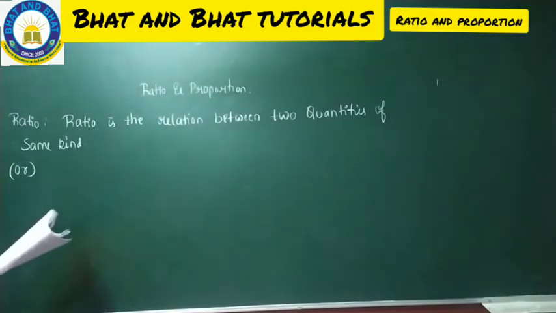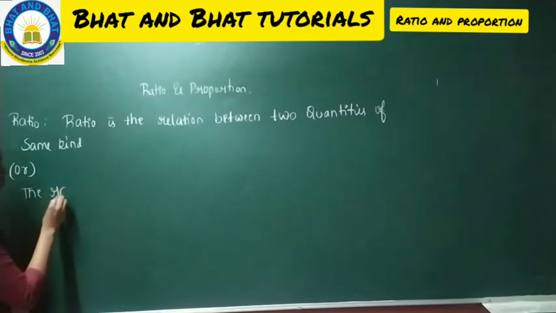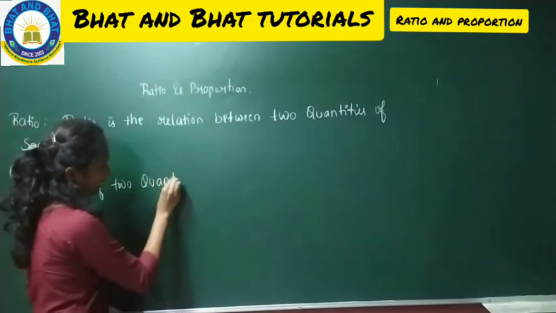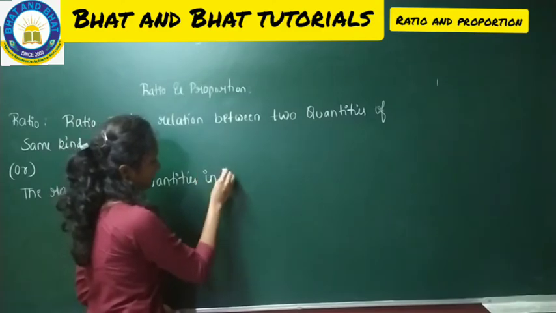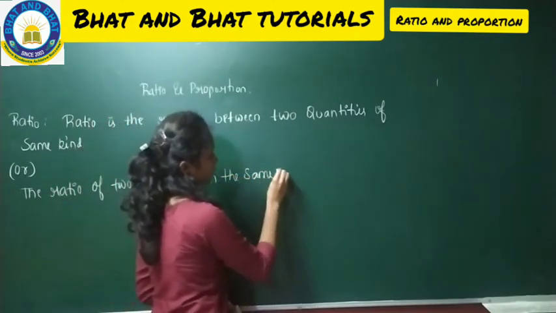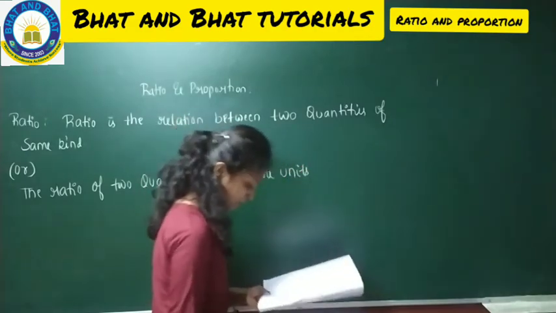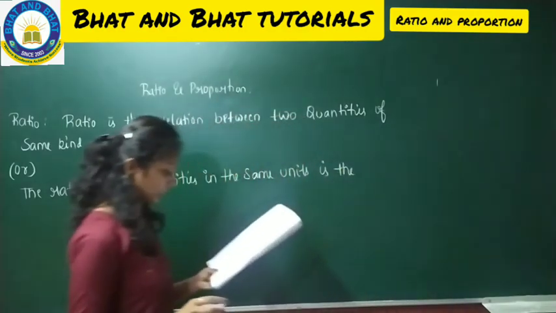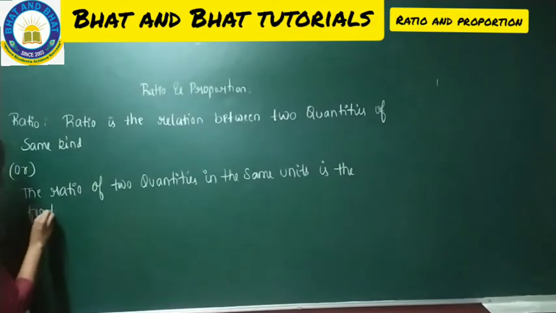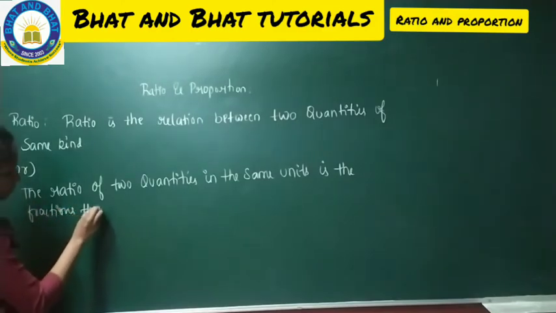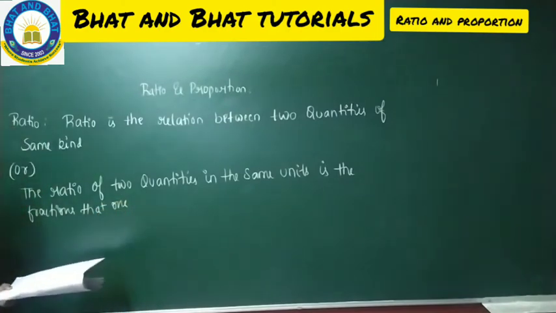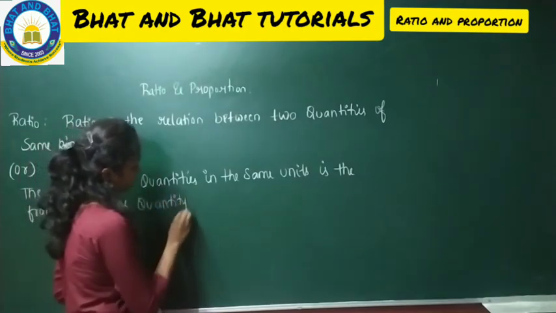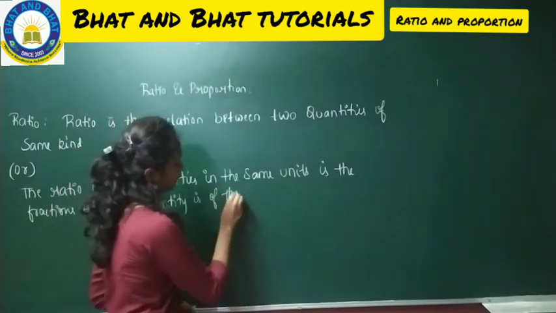The ratio of two quantities in the same unit is the fraction that one quantity is of the other.